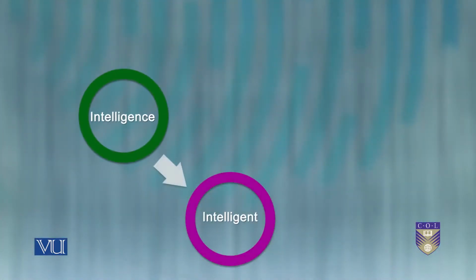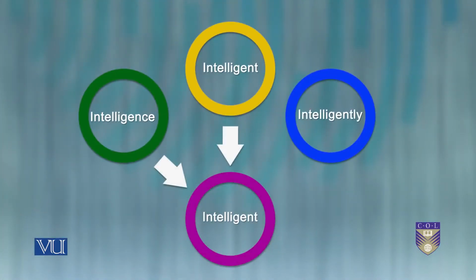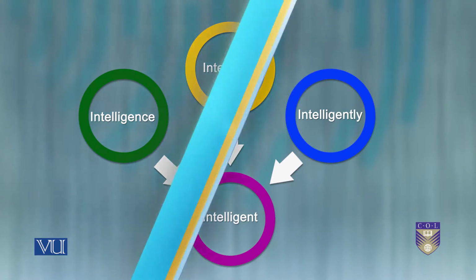So the words intelligent, intelligently, and intelligence have a root word intelligent, which does have a meaning. The lemmatization will actually produce the correct root word here.